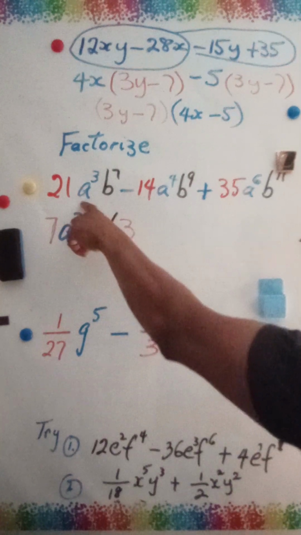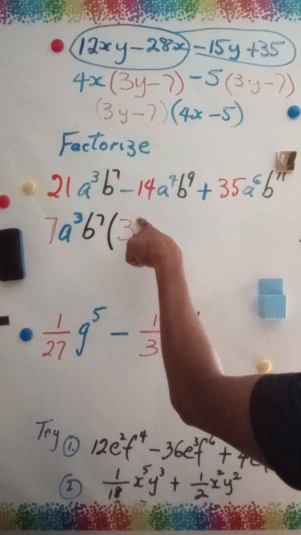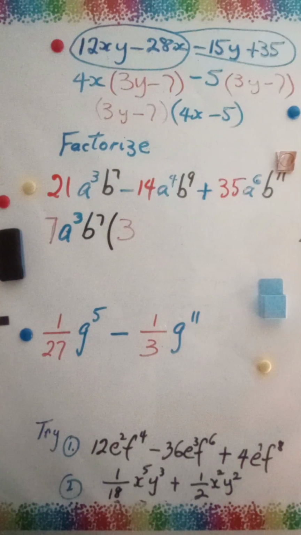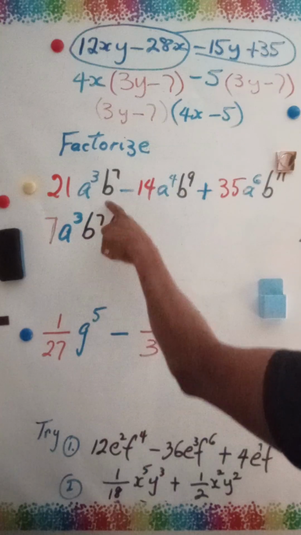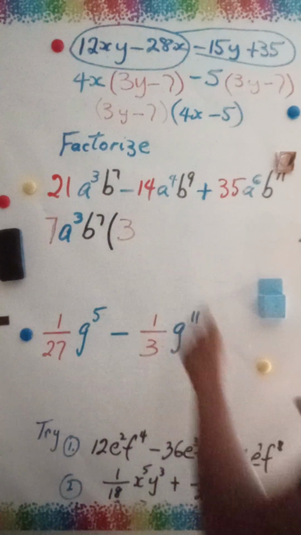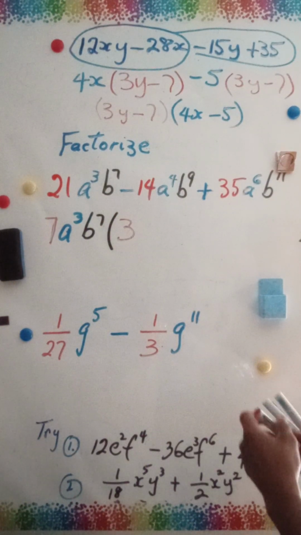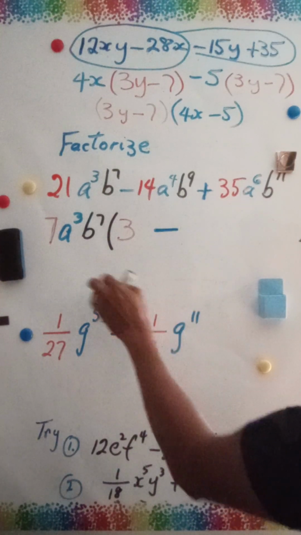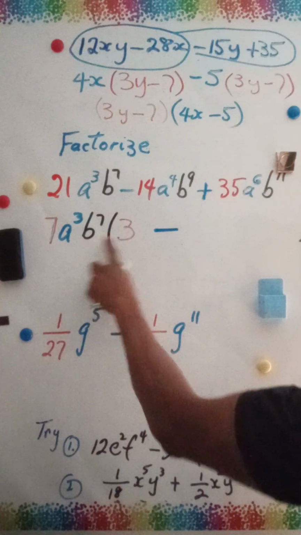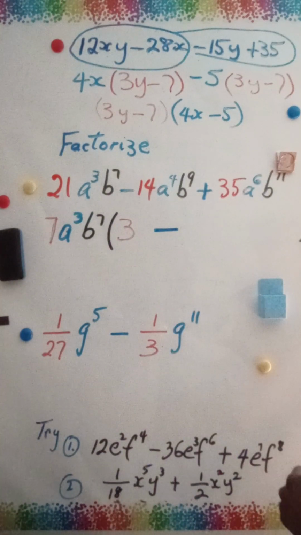What's a cubed into itself? 1. I'm going to write the 1. Are you seeing it? It's invisible, huh? Okay. And what is b to the 7th into b to the 7th? I write the 1. Are you seeing the 1? Good. You're not seeing the 1, so that's cool. In other words, it's just 3 that is going to go there, because 7a cubed b to the 7th times 3 is going to give back the first term.